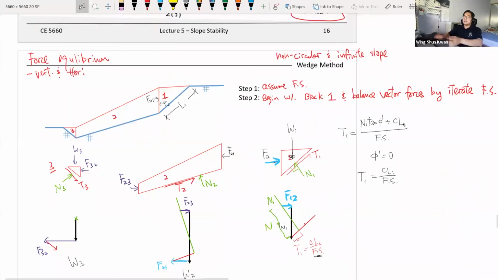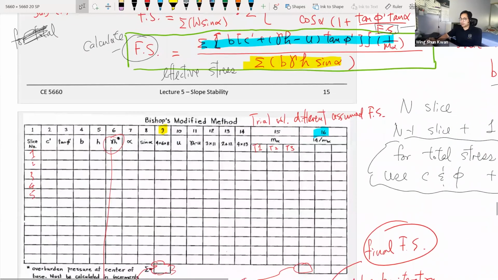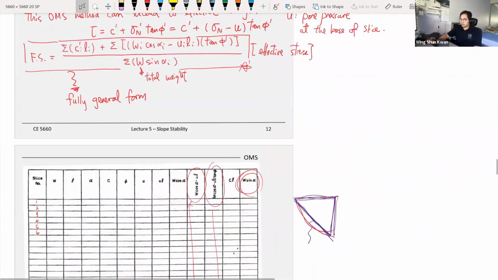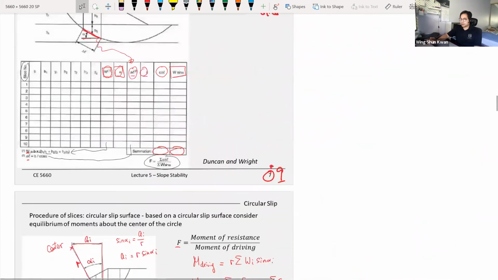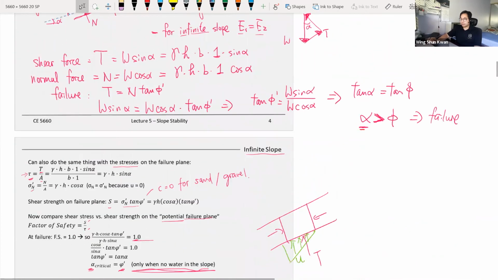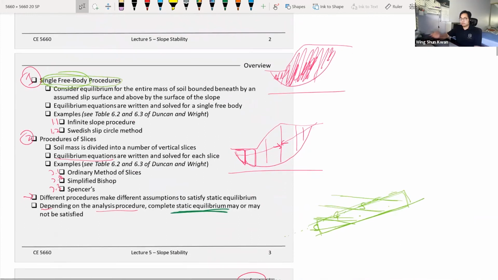Okay, so we have been talking about the slope stability method. Don't forget, at the beginning we mentioned there are different types of approach. The two main kinds are the single free body type and the procedure of slices.